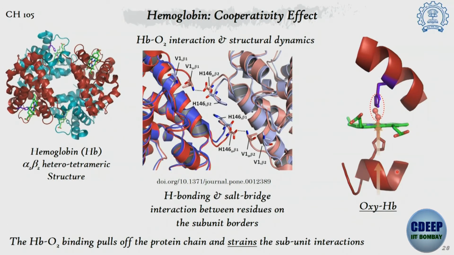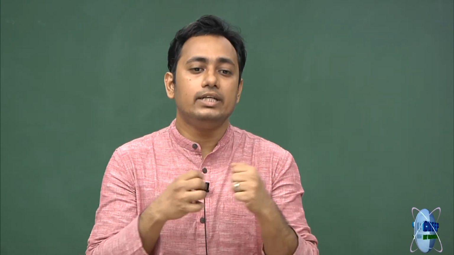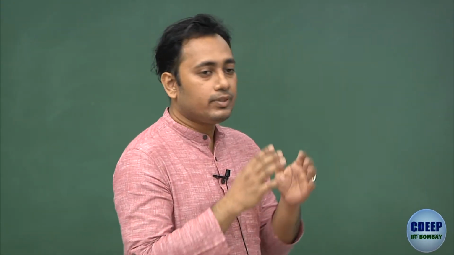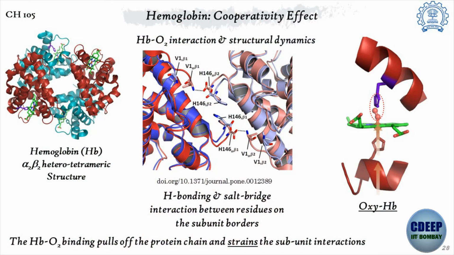And why does it matter? Because if we look very closely at the hemoglobin system again, we have 4 different subunits, and as I said, these 4 subunits come and bind together. So how are they interacting? They are interacting through some bonding interactions on the surface or the boundary of the 2 different subunits. Over here I am showing you those interactions.